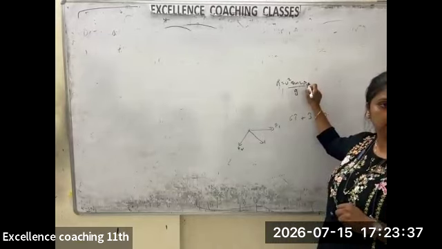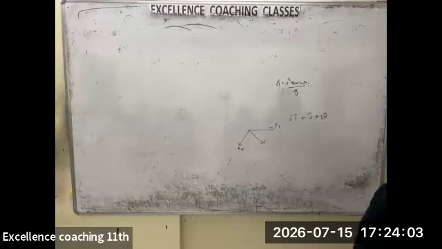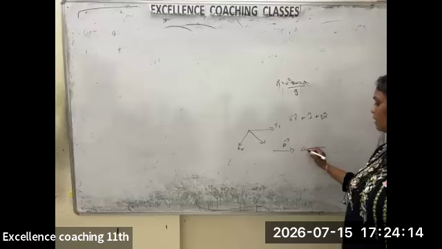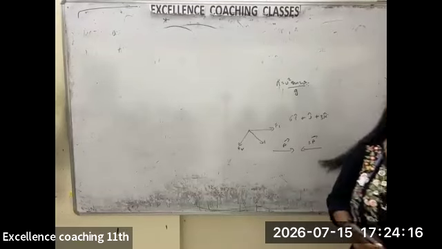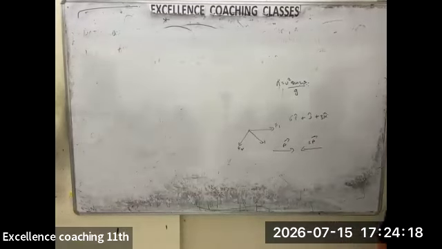2 vectors are shown below. Answer the following questions. What is the resultant of the 2 vectors? So you can see one vector like this. This is your A, and another vector like this, 2A. So what do you think will be the resultant of it? 2 vectors are going in opposite direction.